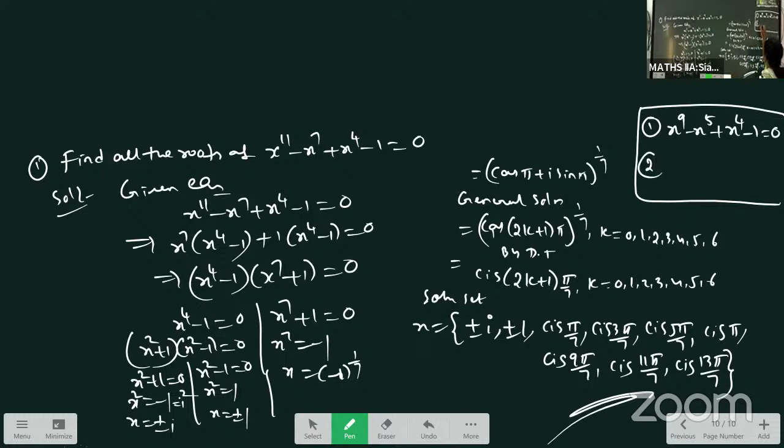The second one: (x minus 1) whole power n equals x to the power n. Apart from these questions, just add these 2 questions to your practice list so that you can easily score 7 marks. So with this, De Moivre's theorem is completed.